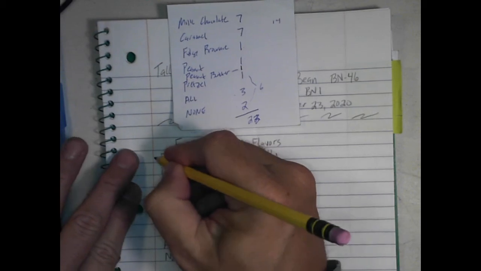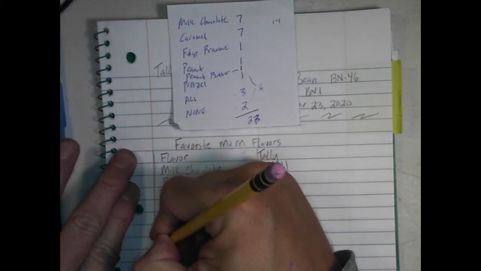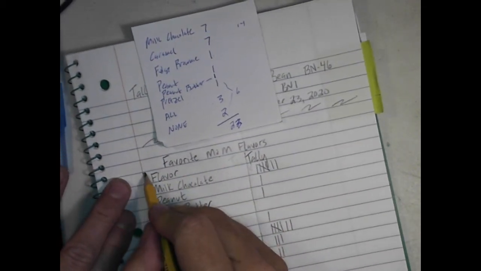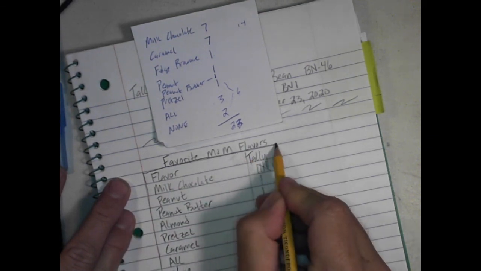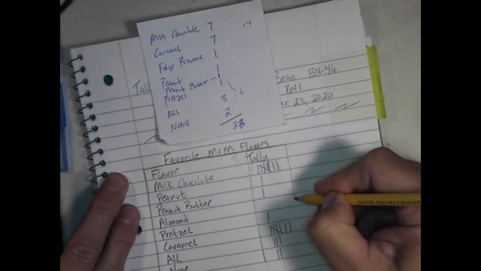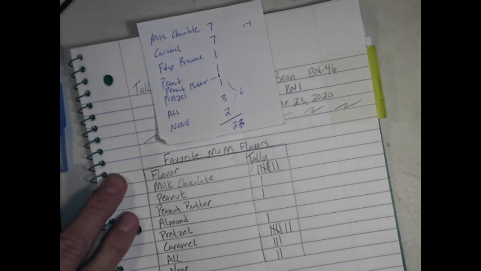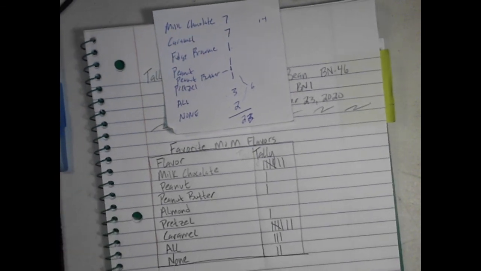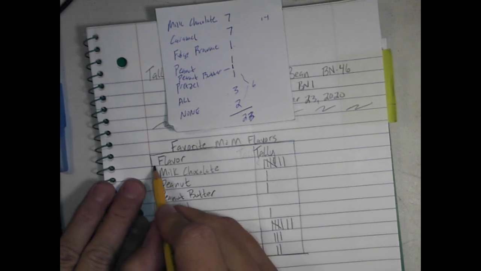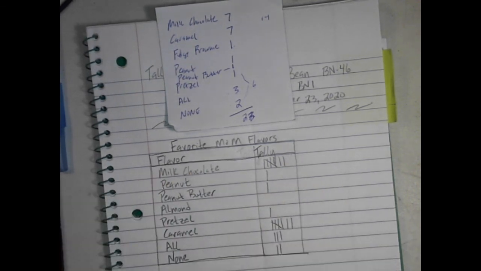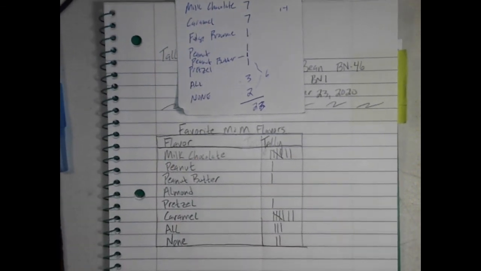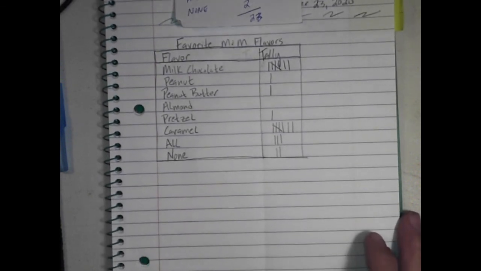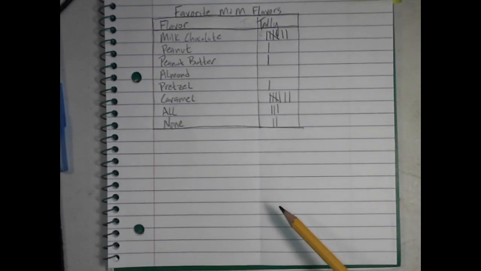And now, just by drawing some lines right here, I now have a tally chart with data from my own survey. All right. Now I'm going to take that same information and make a frequency table down here.